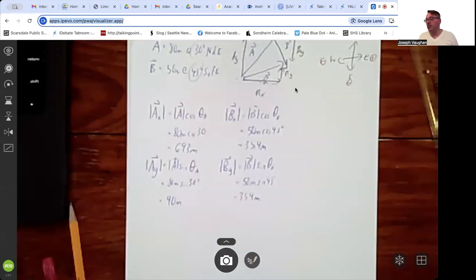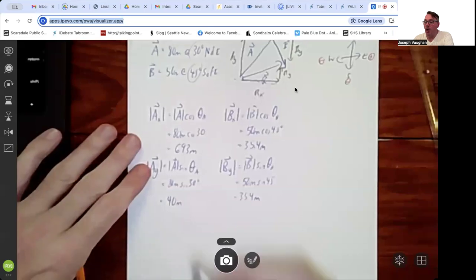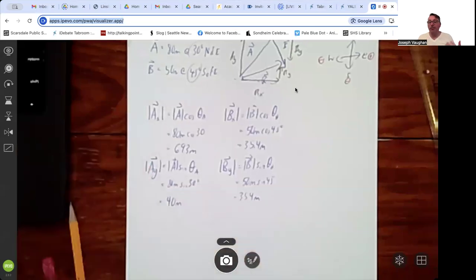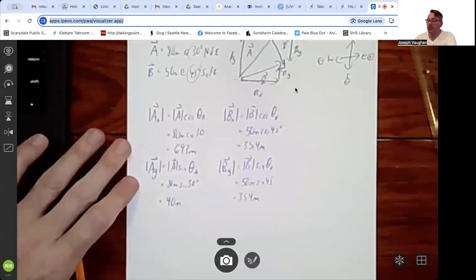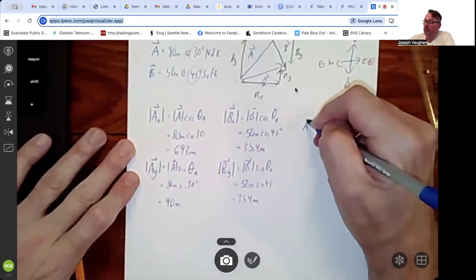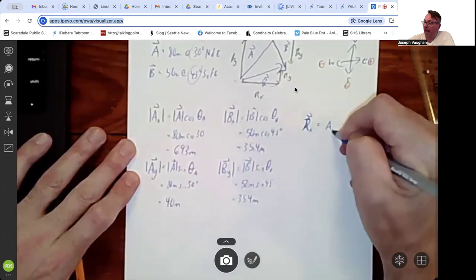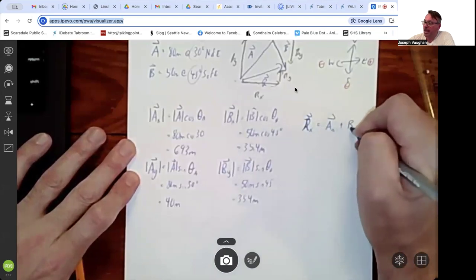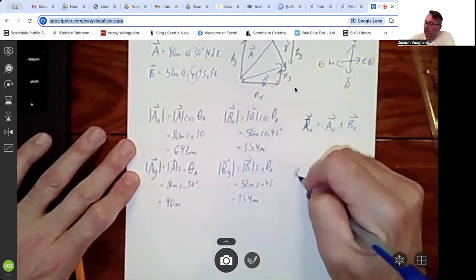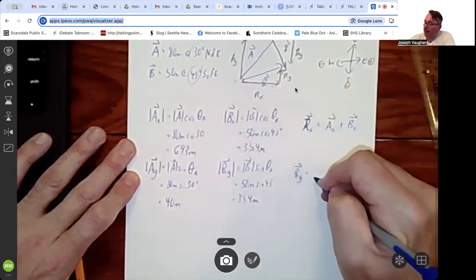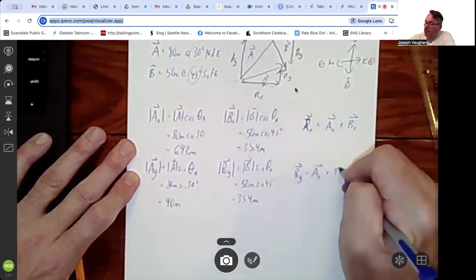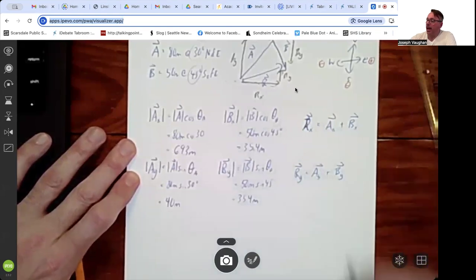So the next thing I need to do is find Rx and Ry. How am I going to do that? Either I'm going to do that by setting up equations, or I'm going to use my table. I always like to use the table, but if I was going to set up equations, I would do Rx is equal to AX plus BX, and Ry is equal to AY plus BY. And then I would plug in.